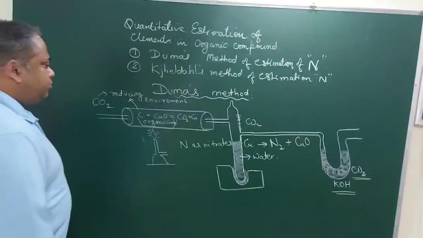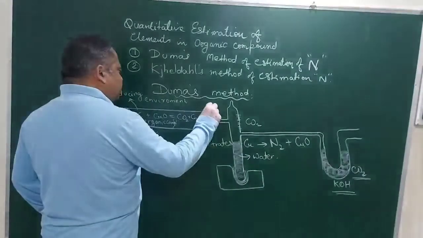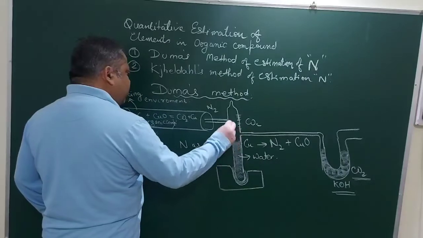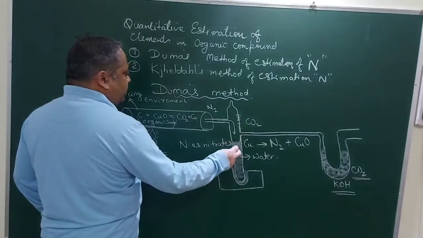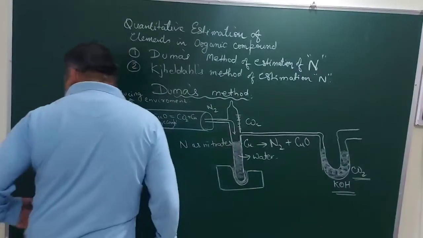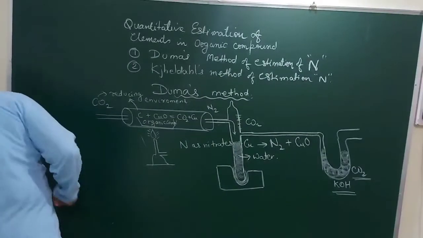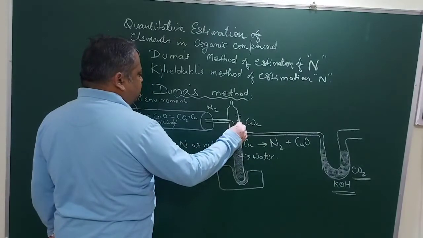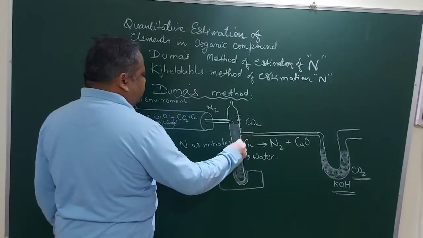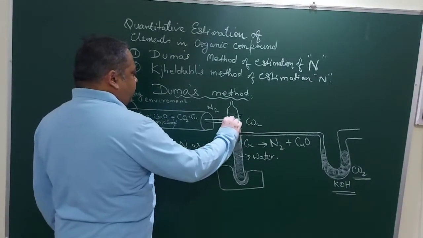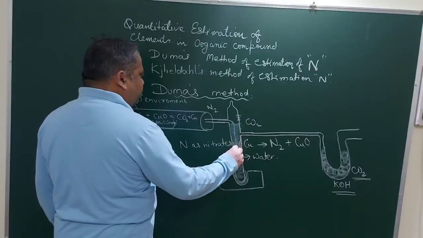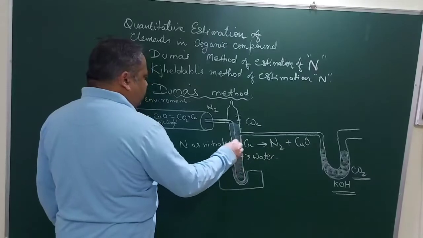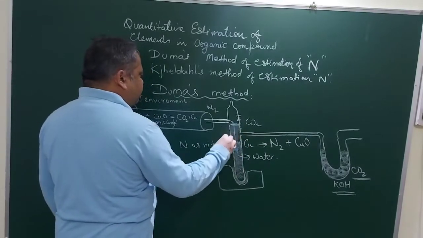Now, when the nitrogen gas comes and pressurizes this water, then the volume of water decreases. Say if the initial volume of the water was this much, then due to the absorption of nitrogen, the volume of the water rises.